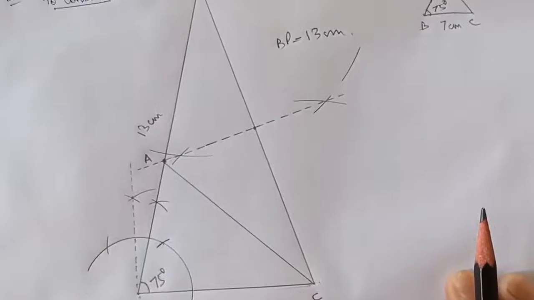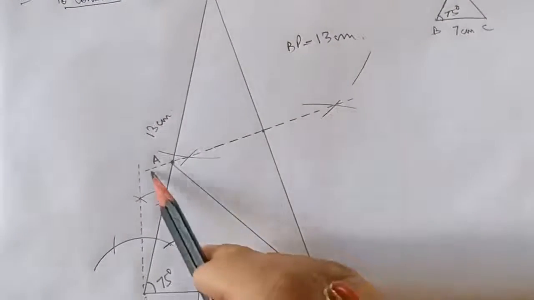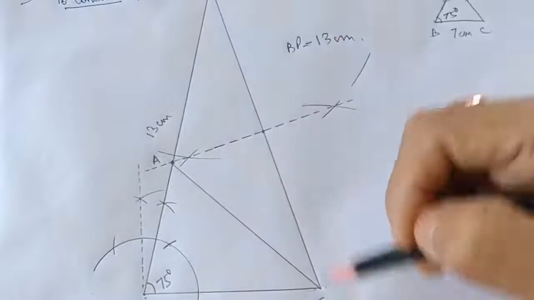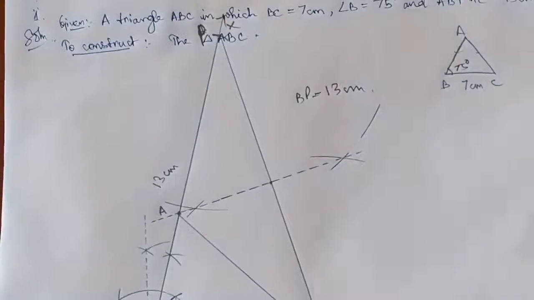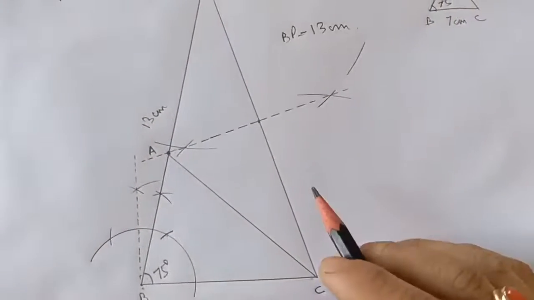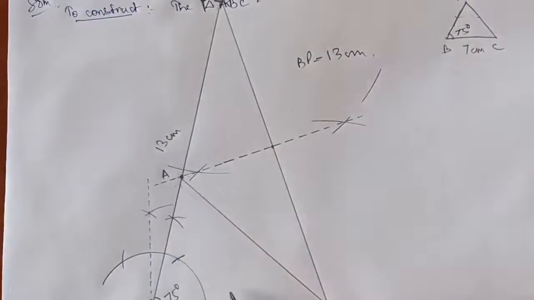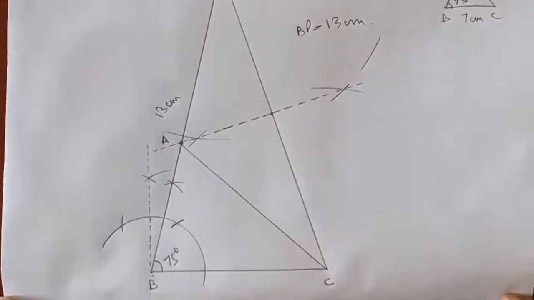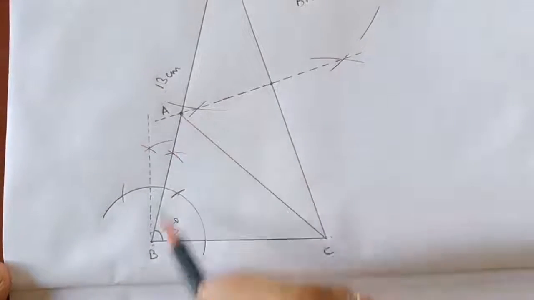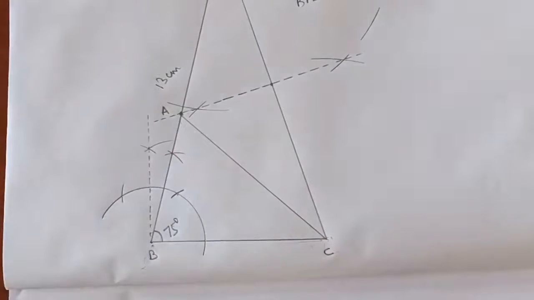Next, we draw the perpendicular bisector of the side AC, intersecting the ray BX at a particular point. Next, join that point with C. Then the triangle ABC will be our required triangle.